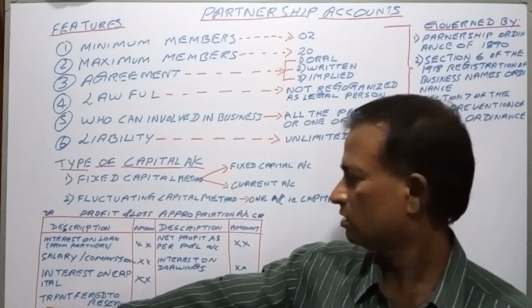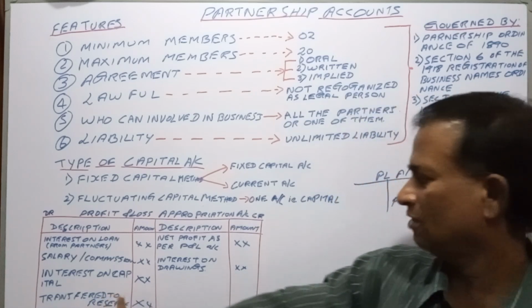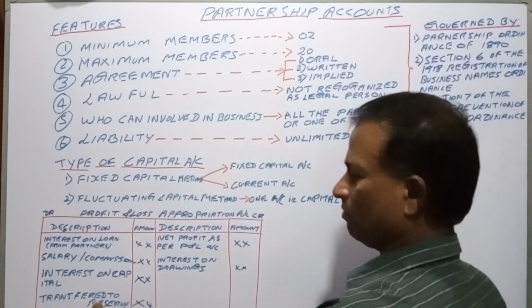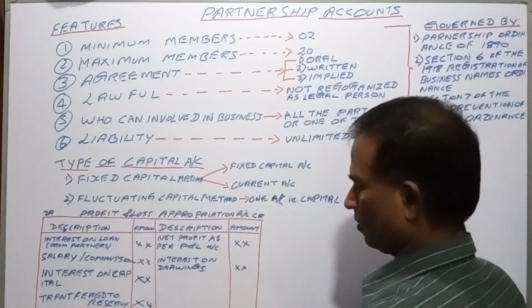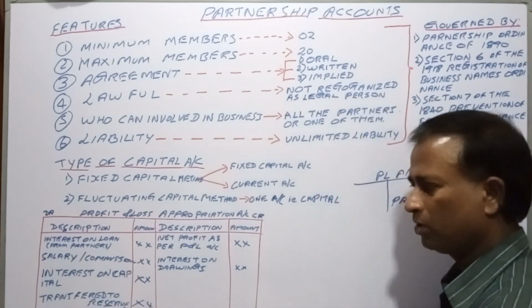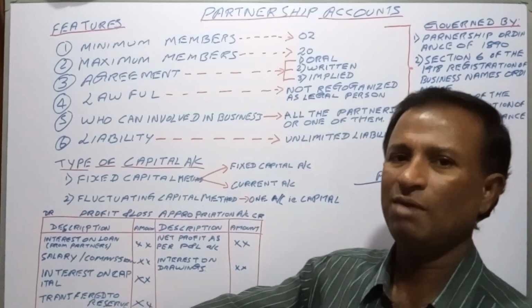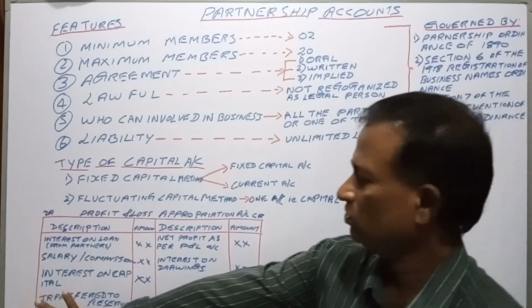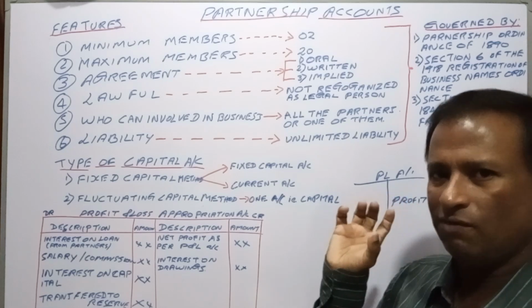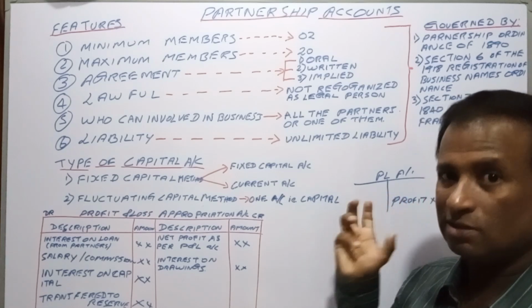So the transfer to reserves account will also be there. And the balancing amount will be the profit. If it is on the debit side, that is profit transferred to the capital account, right? We take these profits and transfer them to the relevant partners' capital accounts.